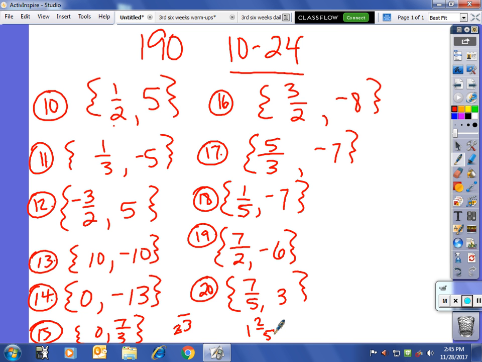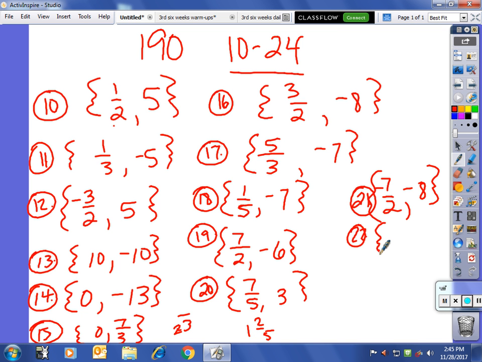And then +3. I'm running out of space here. 21 is -7/2, which is the same thing as -3.5. The other root was -8.